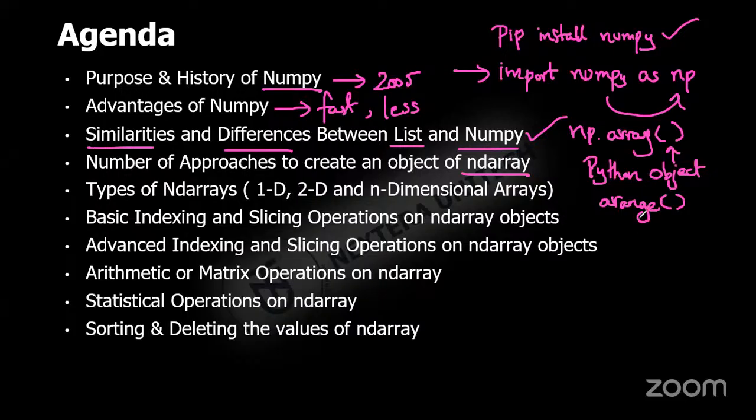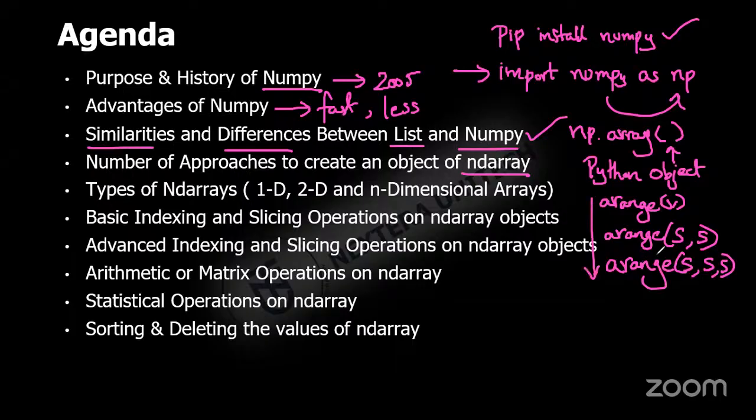We have three syntaxes for arange: arange of stop value, or arange of start comma stop, or one more syntax, arange of start comma stop comma step. Right. So these are the three different syntaxes that we have understood for the arange function. And arange function will always return a 1D array only.